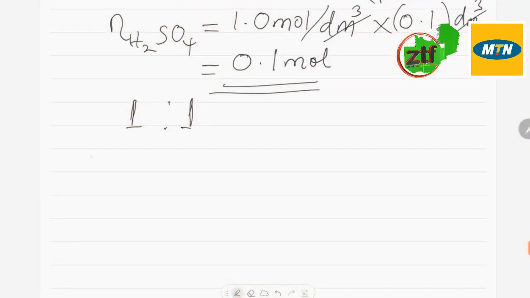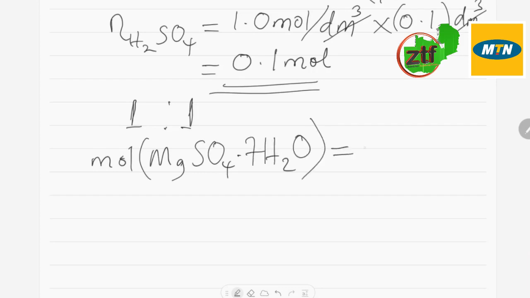So I'm going to say moles of magnesium sulfate heptahydrate crystals is equal to 0.1 mole.